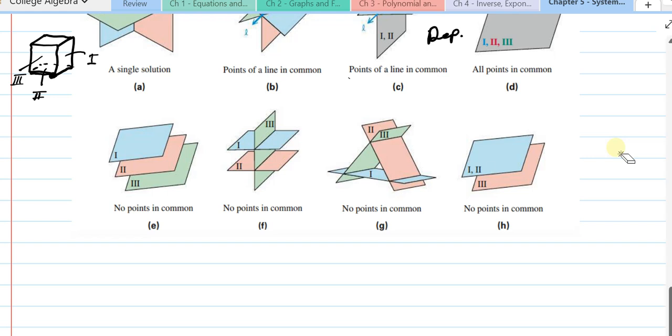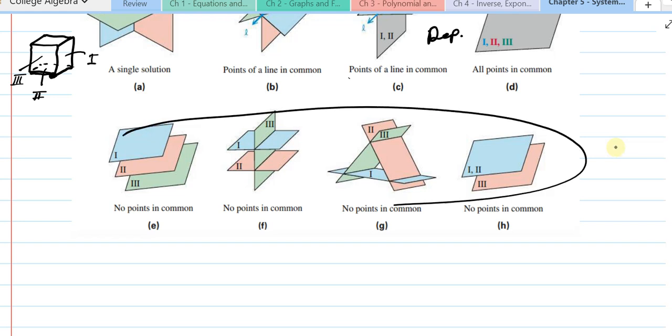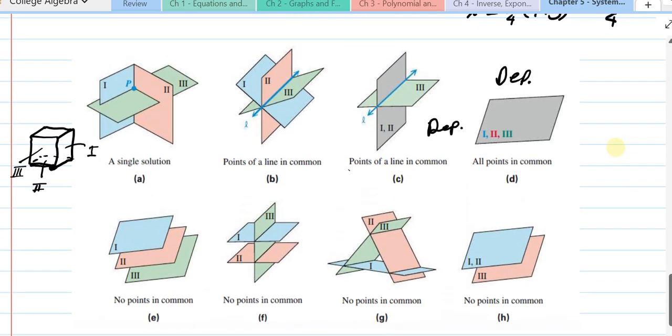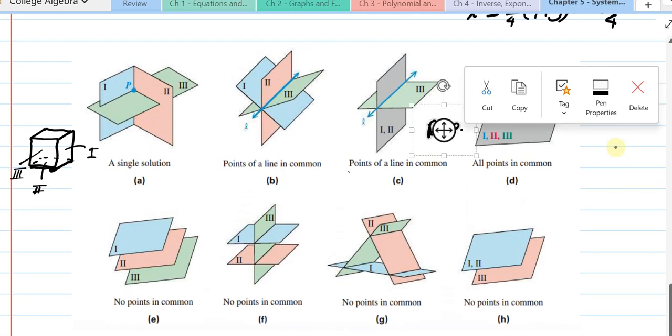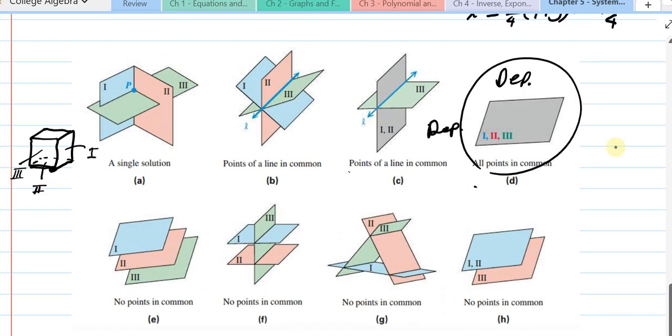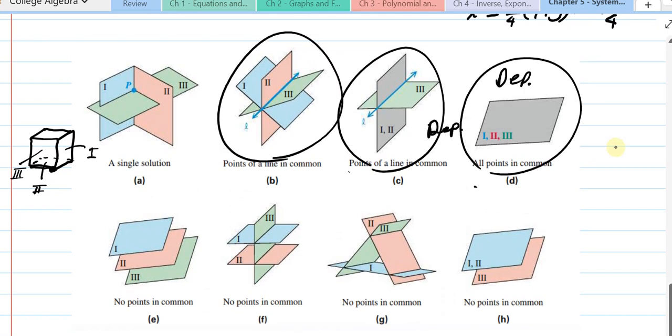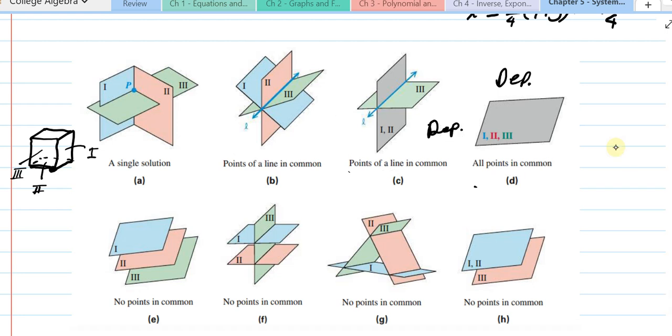So all the ones on the bottom are inconsistent. None of these have solutions. And the ones on top, all of them are consistent systems. This one, an infinite number of solutions. And the first one, part A, that one is a single solution.